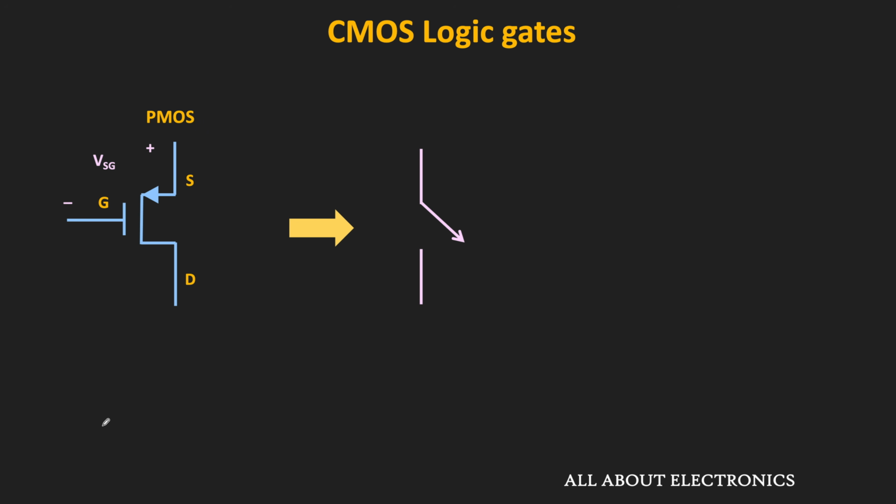So when the voltage between the source and the gate terminal is less than the threshold voltage, then the PMOS transistor will act as an open circuit. And when this voltage is more than the threshold voltage, then it will act as a closed switch. So in this way, by controlling the gate to source voltage, the PMOS and the NMOS transistor can be used as a switch. And in this way, they can be used to design the logic gates.